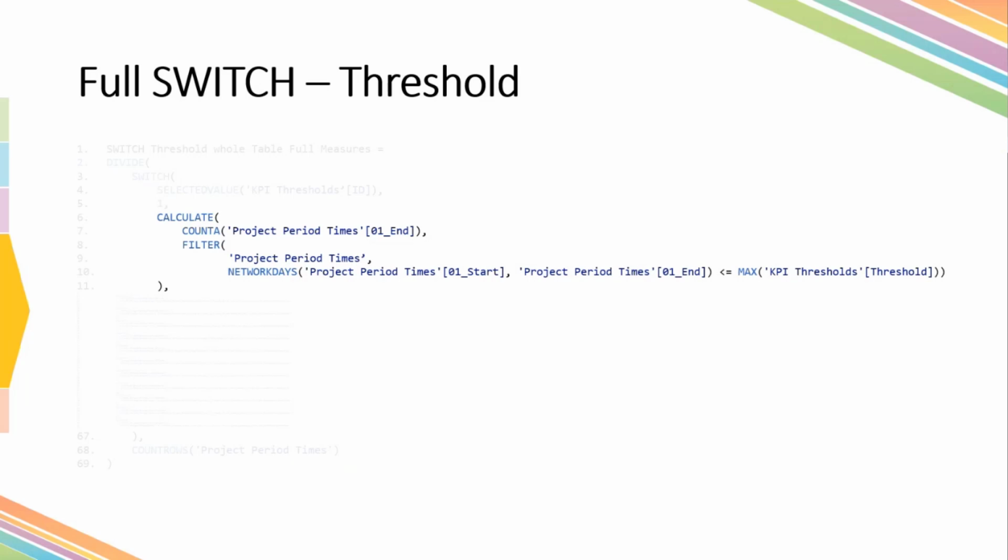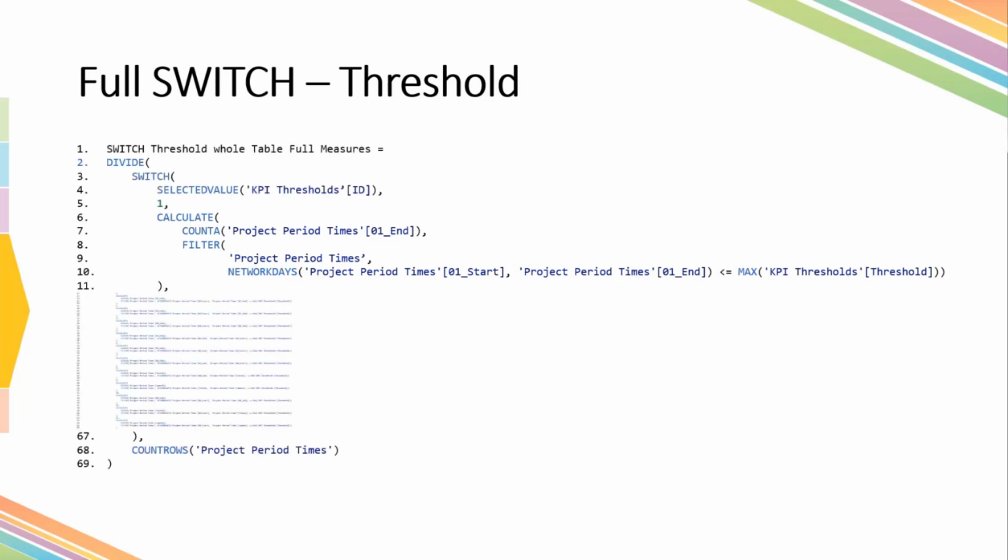So if I use a max, min, average, it doesn't really matter. It's always going to put out or utilize the threshold that's in this row. So all of the rows in this column that fulfill this filter expression will be kept and they will be divided by the count rows.